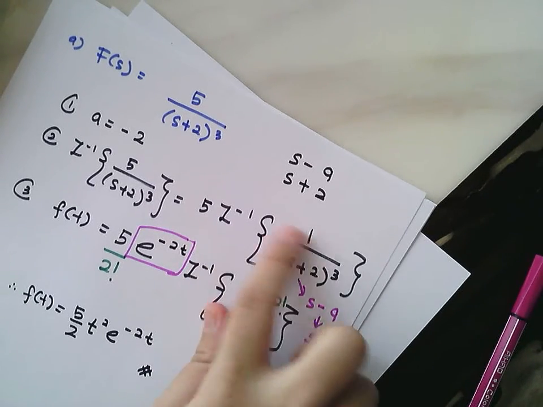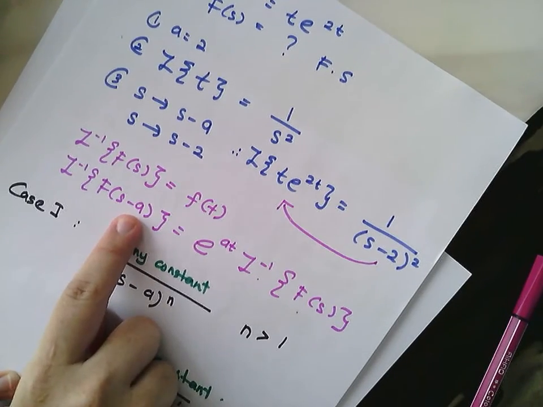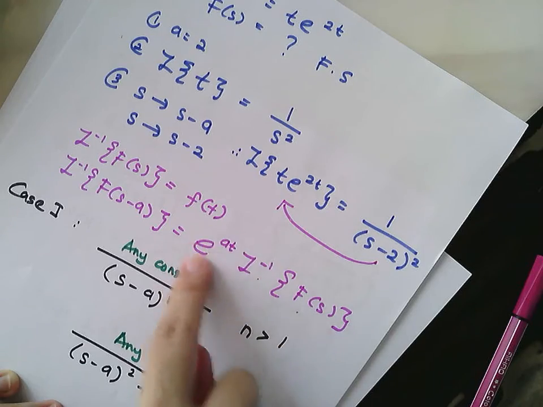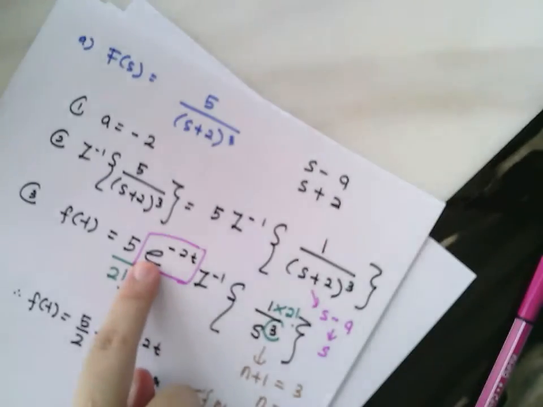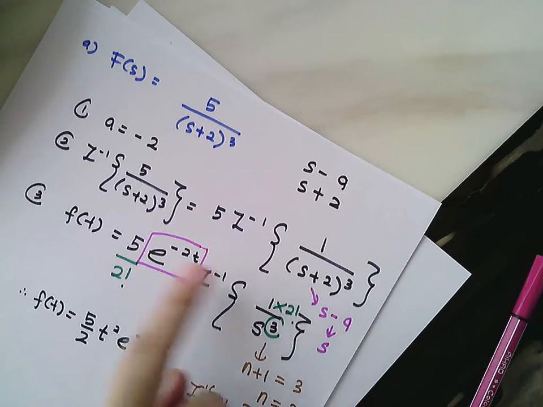So that's why you need to apply first shift properties. For first shift properties, if you have s minus a term, you will have e to the at. So what is your a? It is from here. Generally it is s minus a, and what you have is s plus 2. So you know that your a is equal to negative 2. So you will have e to the negative 2t.